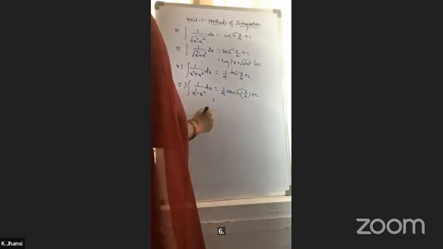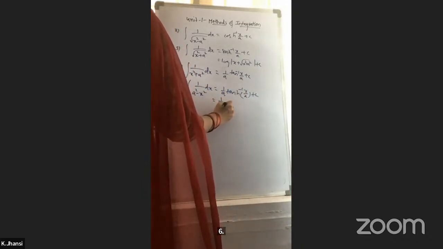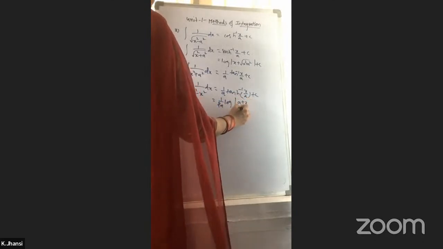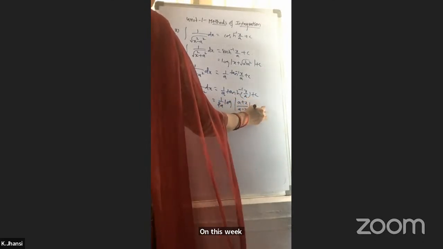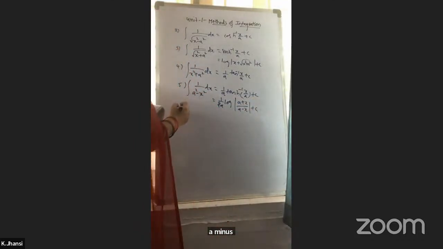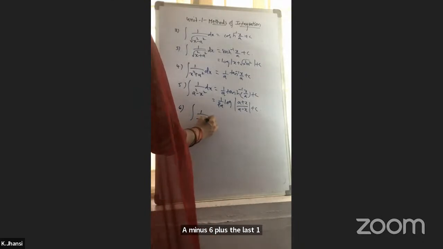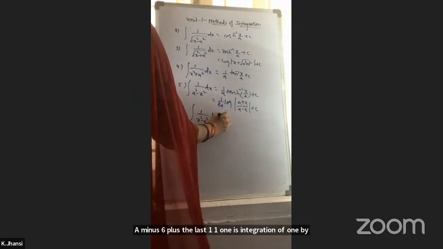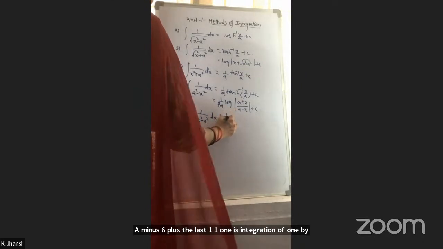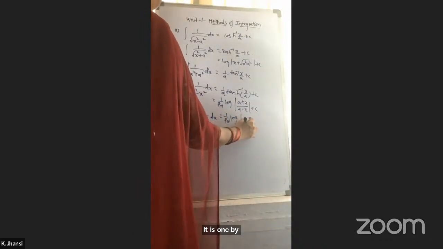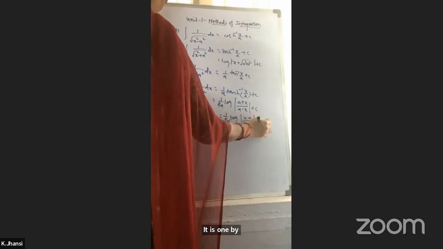For all of them, two answers will be there. You can see in the textbook also, log of a plus x by a minus x plus c. Okay. So the last one, the sixth, is the integration of 1 by x square minus a square into dx. It is 1 by 2a log of x minus a by x plus a, plus c.